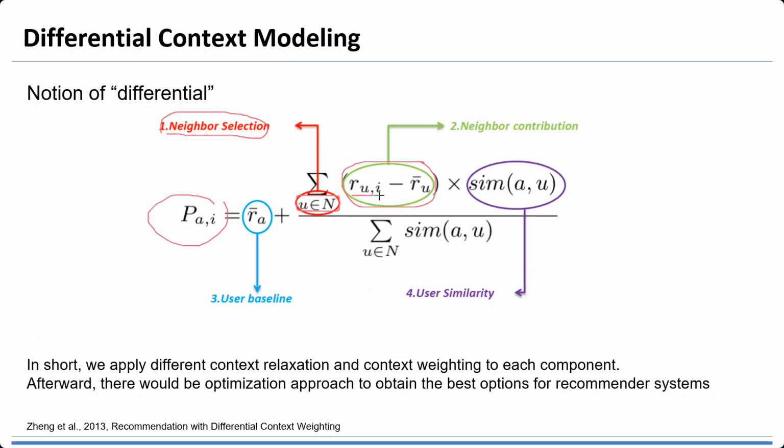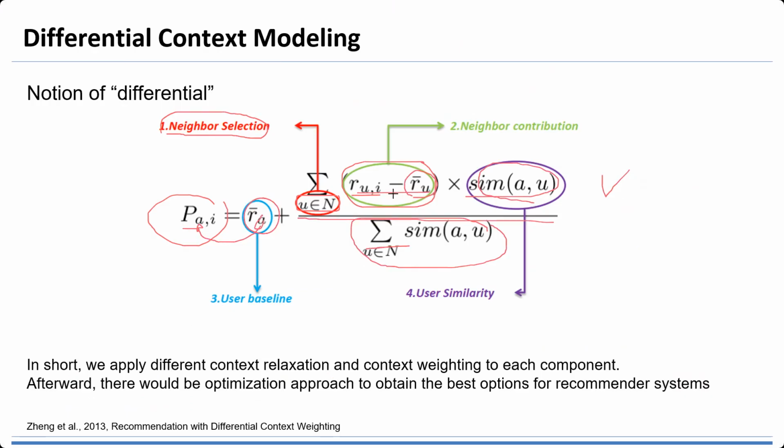It means the rating of that item compared to the average. And the difference of that rating will be multiplied with the similarity values. After we have those summations, we will divide with the total of the similarity values. And it will be added with the average rating of that particular user A.